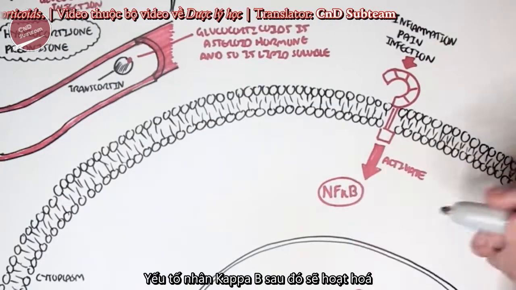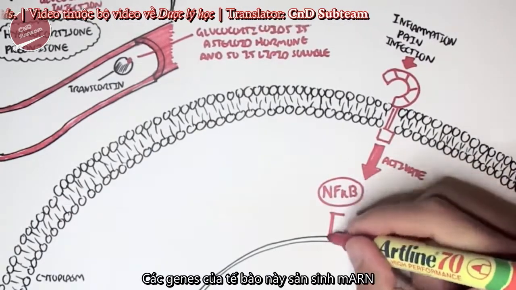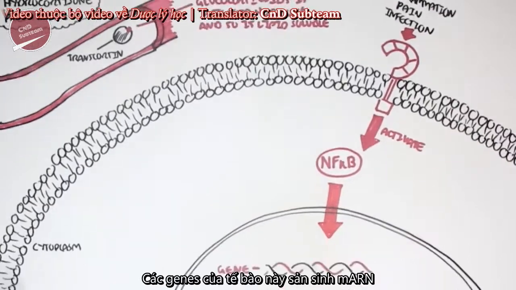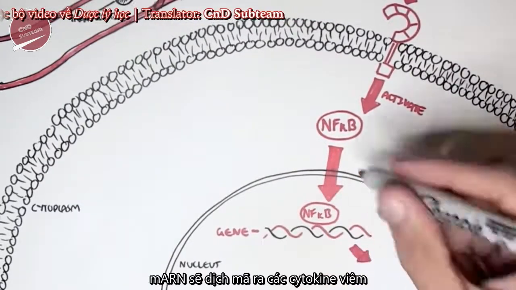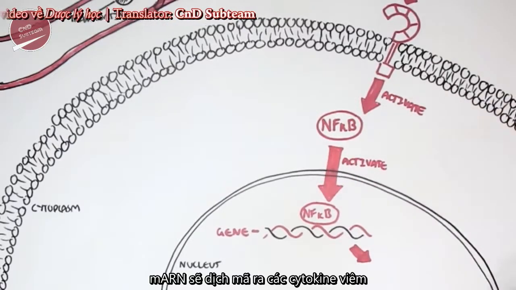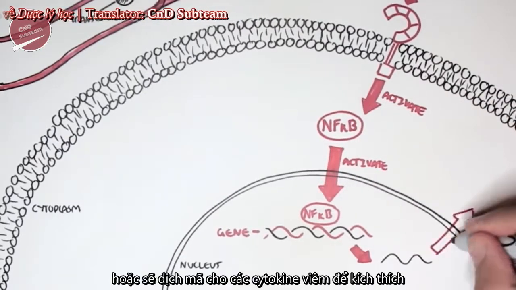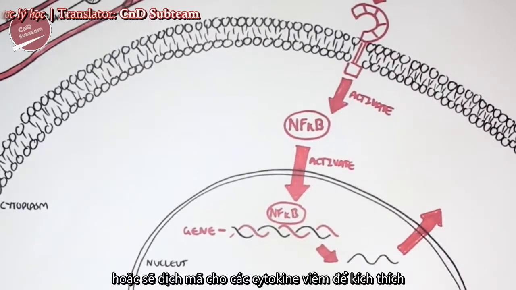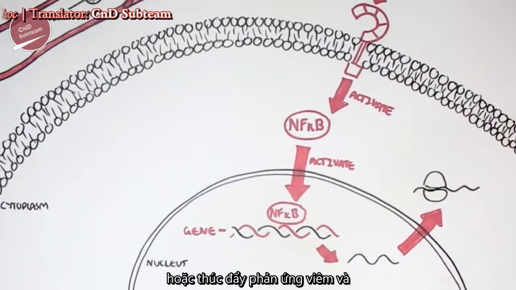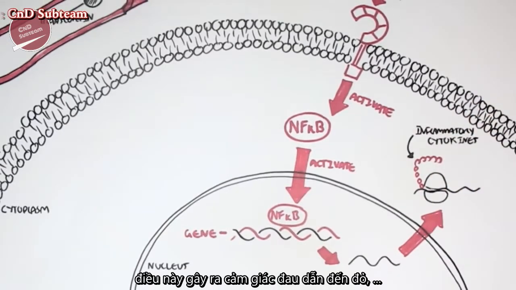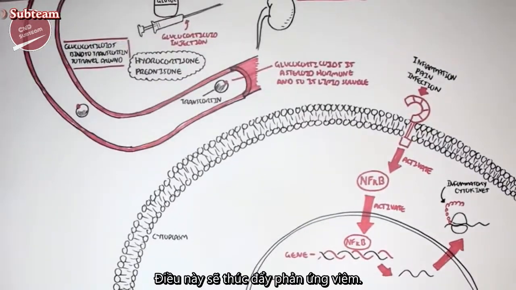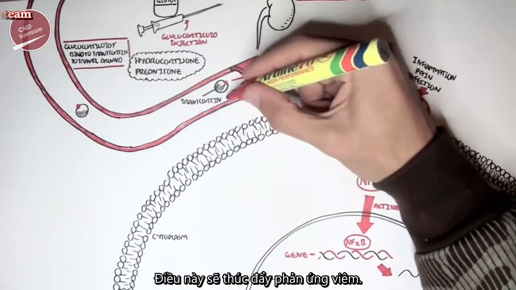Nuclear factor kappa B will then activate the genes of this cell to produce mRNA. The mRNA will be translated to inflammatory cytokines to promote the inflammatory response. This may cause sensitization of pain, heat, redness, etc. So this will promote the inflammatory response.